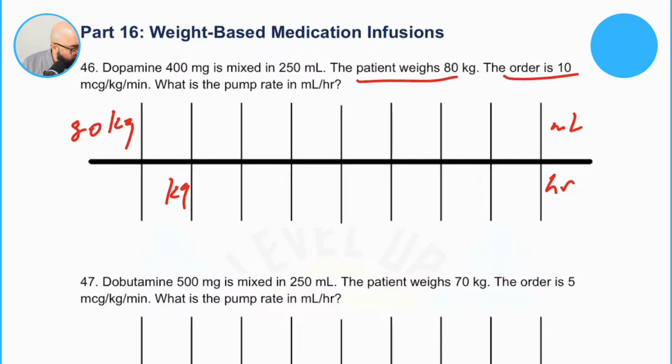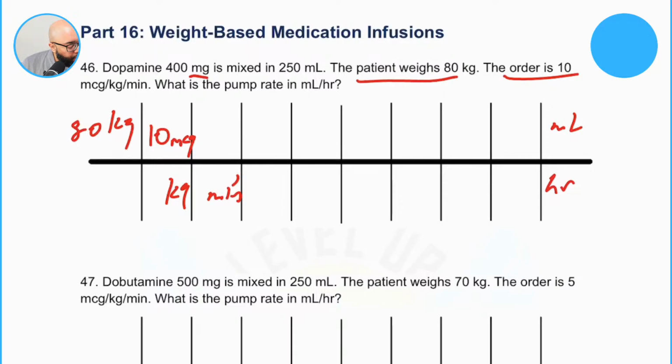Now, let's see. They give me something in milligrams, but they give me an order of 10 micrograms per kilogram per minute. So since this has a kilogram and this has a kilogram, let's just put it in that way. 10 micrograms. Now, notice how I write this. 10 micrograms per kilogram per minute means that the minute also goes to the bottom.